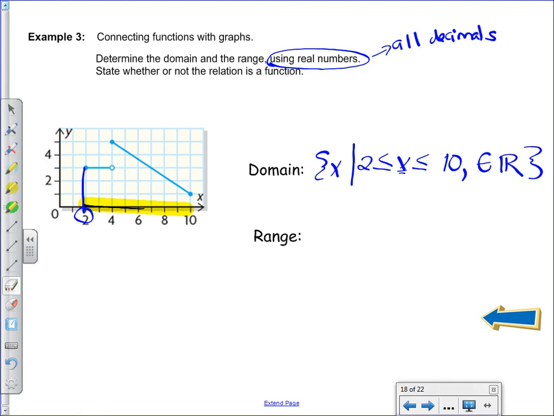Then this symbol here is saying an element of the real numbers, which means it includes all decimals. So I don't have to write 2.1, 2.2, 2.3. That's including all the decimals, so it's including everything in between. So again, here I have my lowest, I have my highest, and then just saying that it includes everything in between. Is an element of the real numbers.